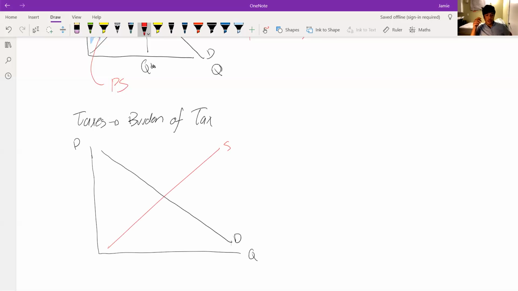So the trick here is when the government imposes a tax, whatever the tax amount is, you're going to shift the supply curve or the demand curve up by that amount of the tax. So let's say this is the market for, I don't know, chocolate. The government sets a tax on the suppliers for $1. So the supply curve shifts up by $1. So the vertical shift.